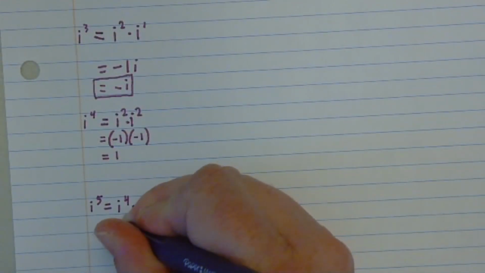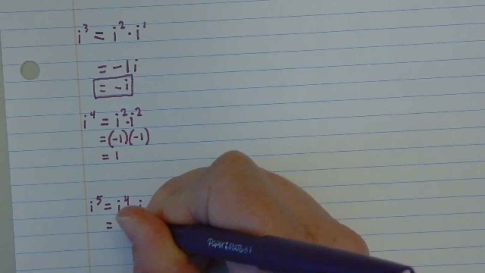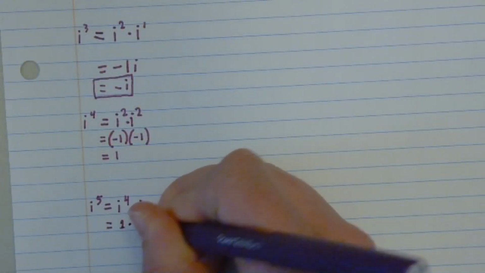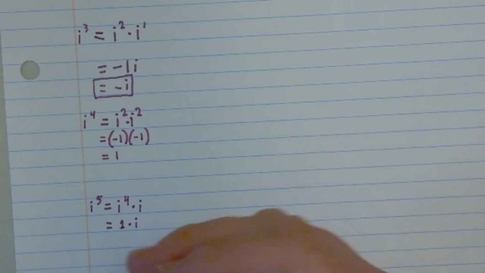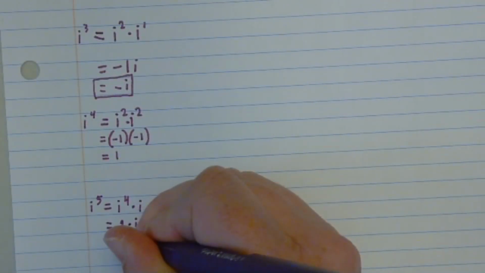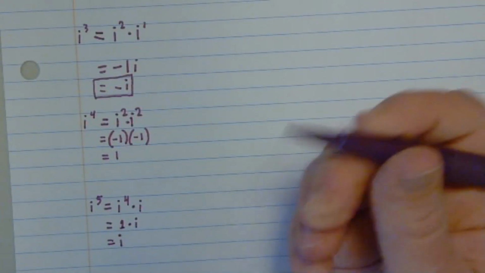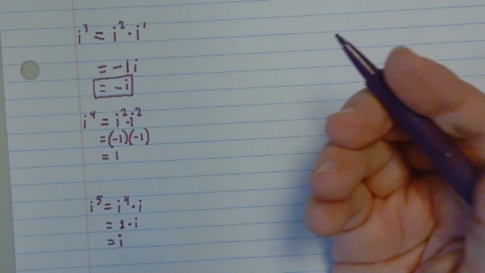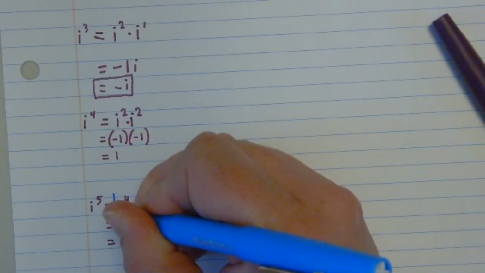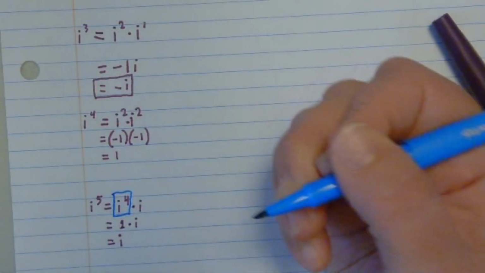So I'm always going to try that first. So I have just 1 times i. Multiplying by 1 doesn't change things. i to the fifth is just i, because this i to the fourth is just 1. So anytime I can multiply by i to the fourth, it's not going to change the rest of my multiplication problem.